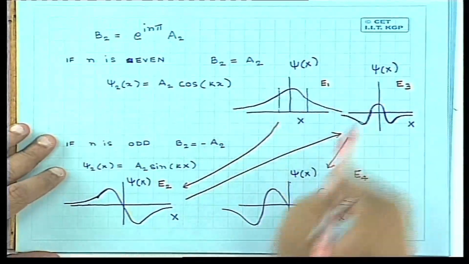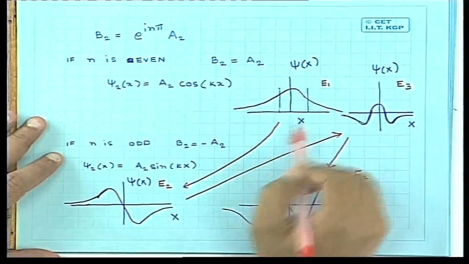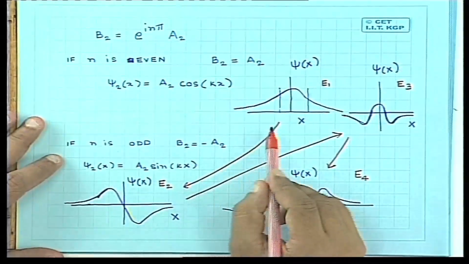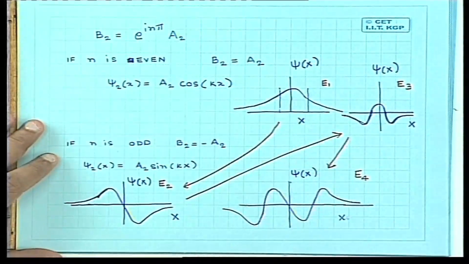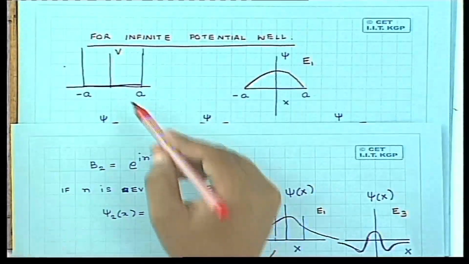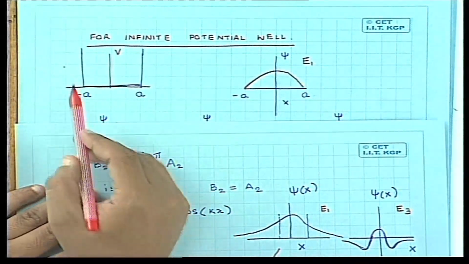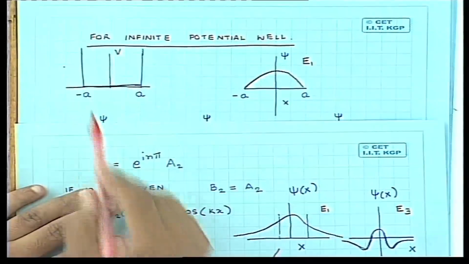They are quite similar to these, except that instead of the wave function going to 0, it exponentially dies off. When the potential is infinite, the particle is not found in the region which is not classically allowed.